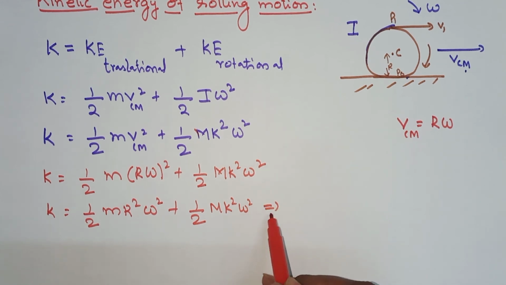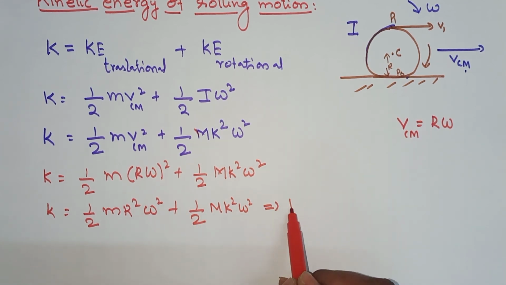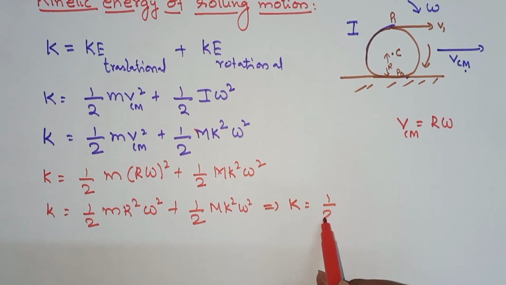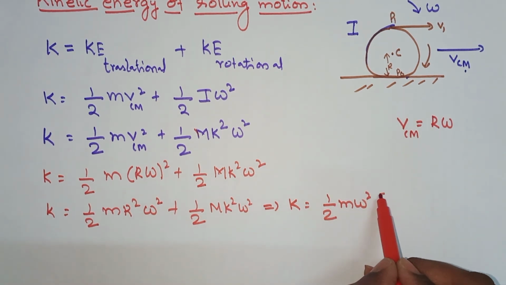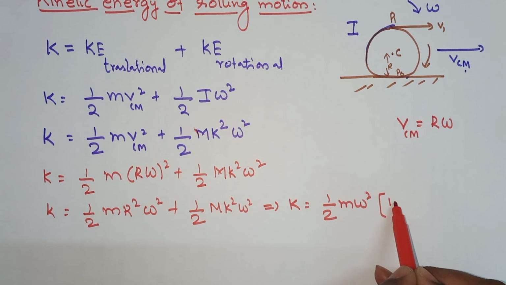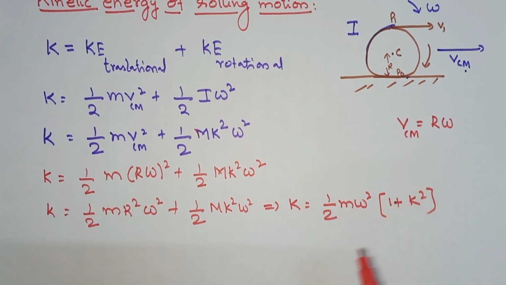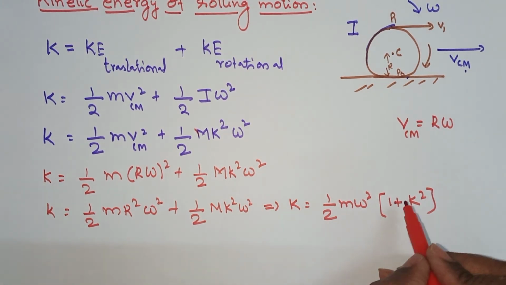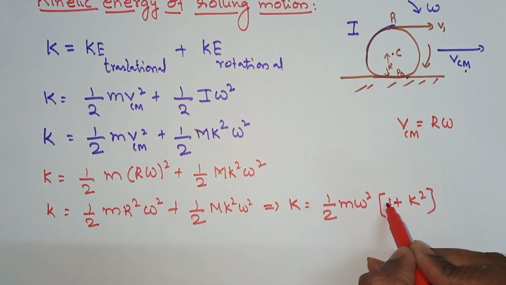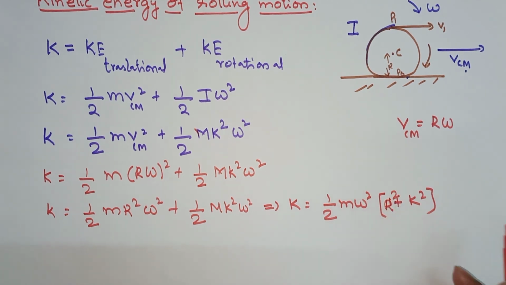How to write this one? Half m omega square can be taken common. Taking common, what you write actually? You write it as r square plus k square, right? Here not 1, it is r square plus k square.